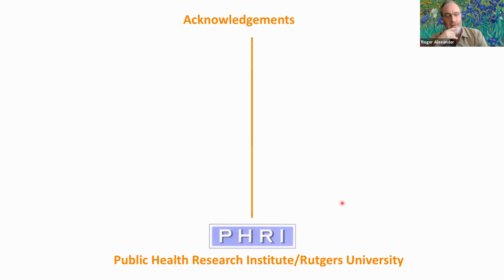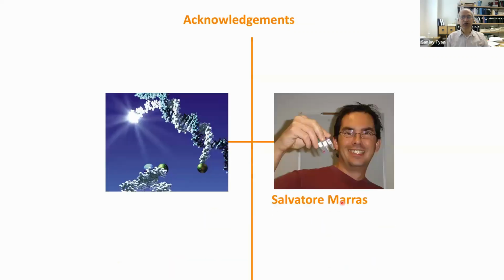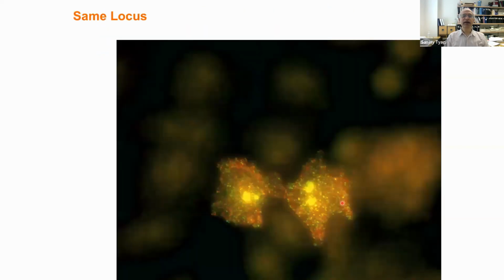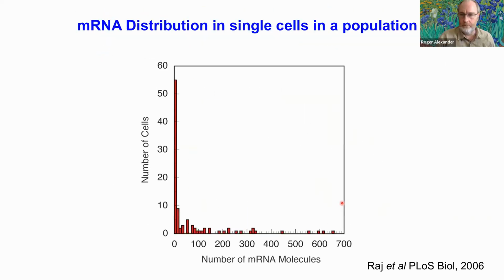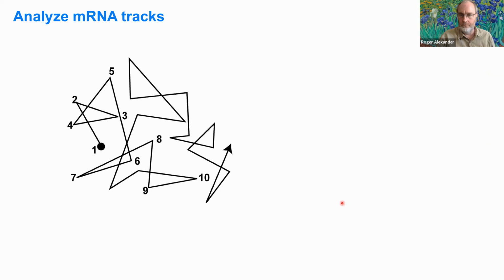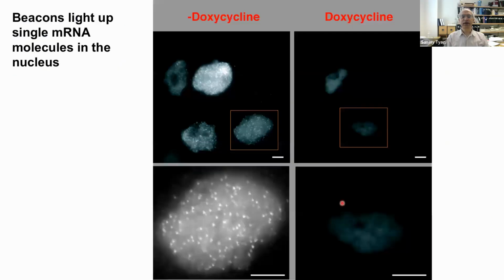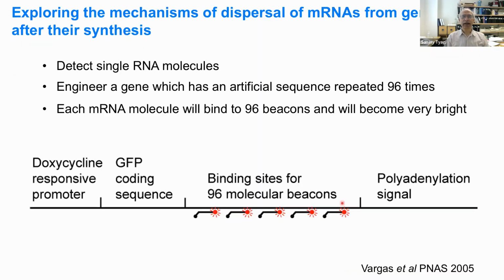That leads me to my very basic question. On Dana Vargas's 96 MERS, I don't fully understand how the beacons bind to the repeats. Can you go over that again? Yeah, sure. Basically, one beacon binds to one repeat, and therefore one RNA will attract 96 beacons.